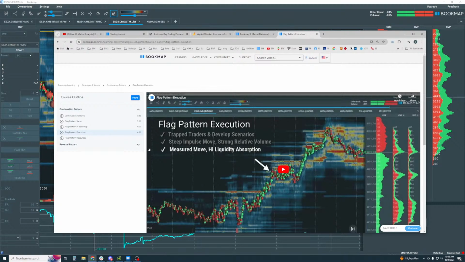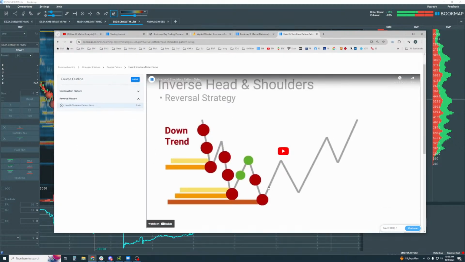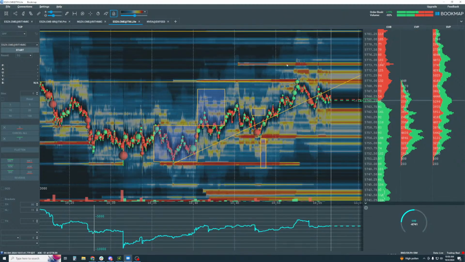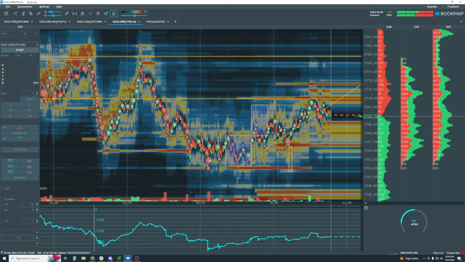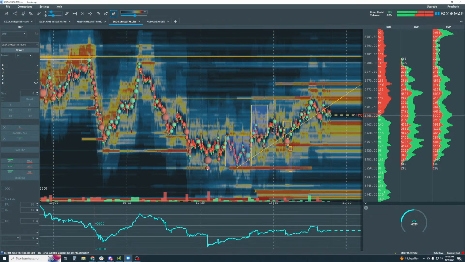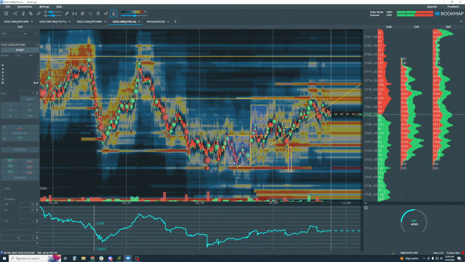What are the things you're looking for? We have a reversal pattern here. Right now, it's only in diagram form, and we just went through it in the live market. It is exactly this one here. It's kind of an inverse head and shoulders. It's kind of a wonky looking one, but it's still there. This would be the head here, shoulder, head, and then 3 shoulders here on the right hand side, right?